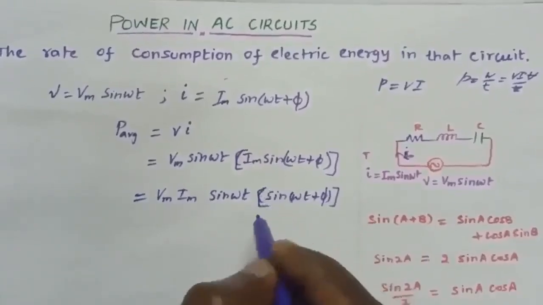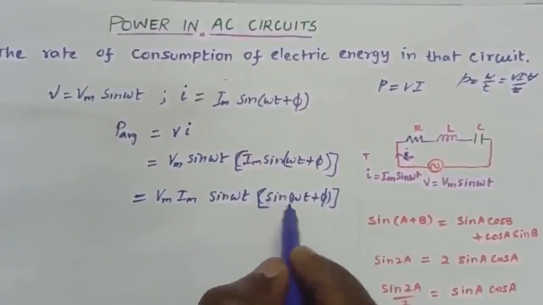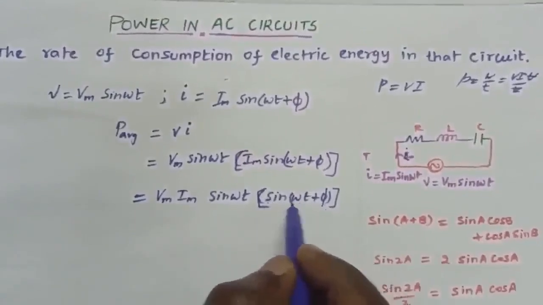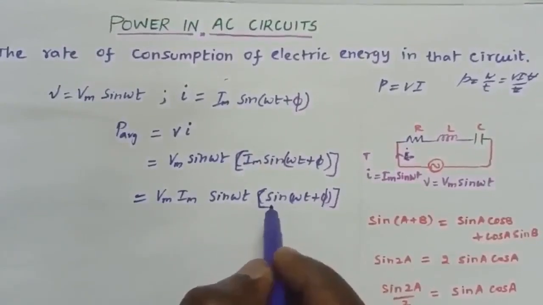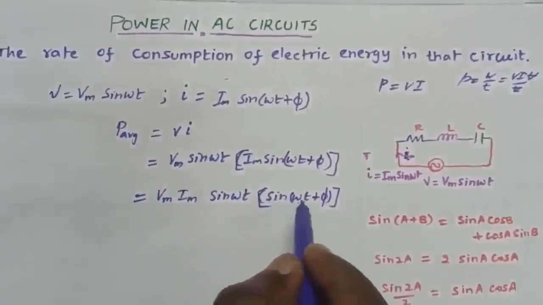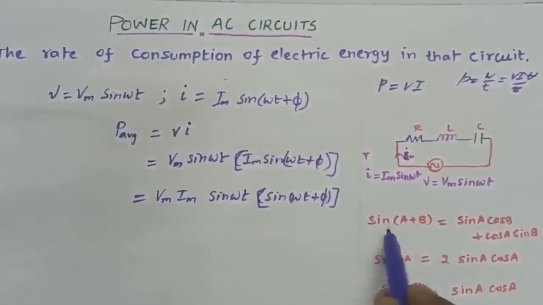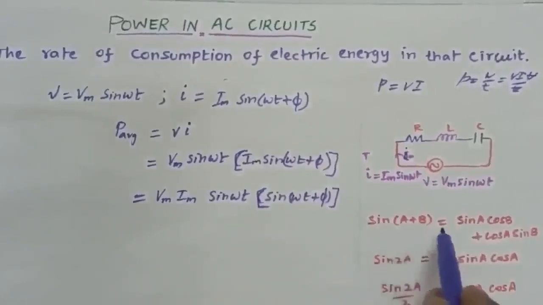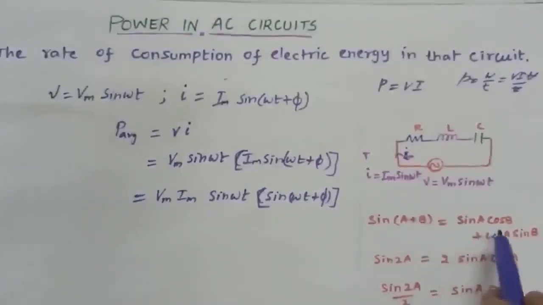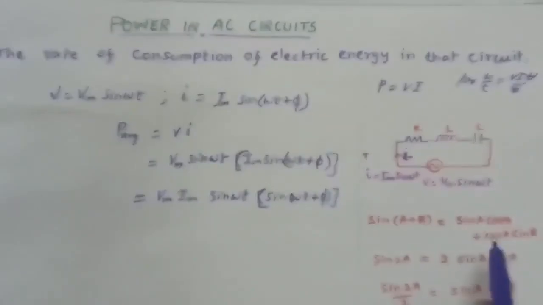Now consider a trigonometry relation: sin(a plus b) is equal to sin a cos b plus cos a sin b. Are you clear, children?